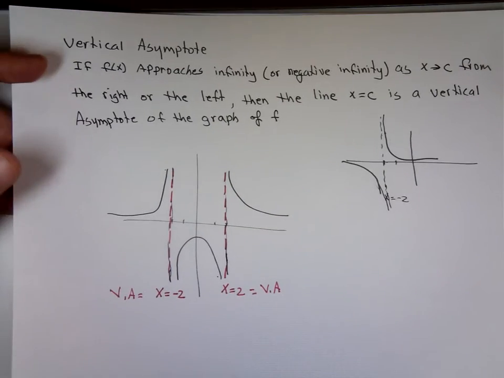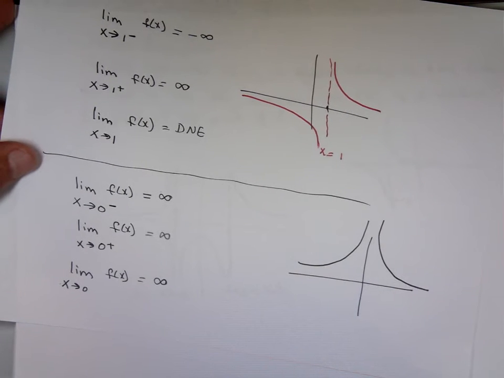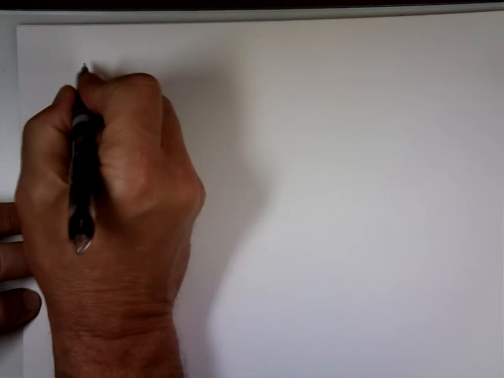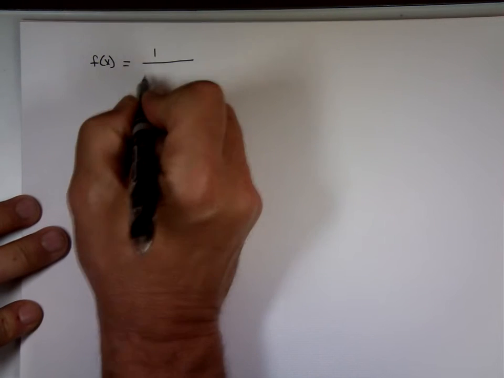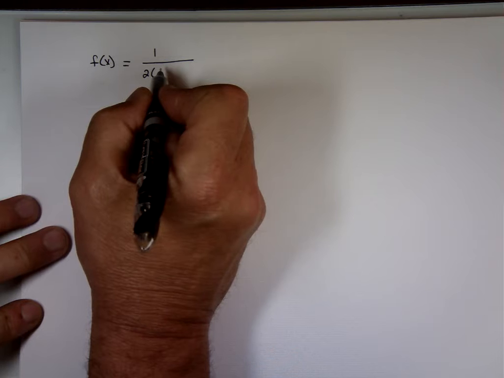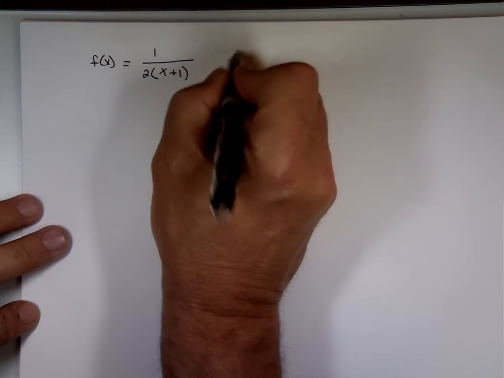Then I'll come back to this, finding the limit without having the picture. Find the vertical asymptotes.